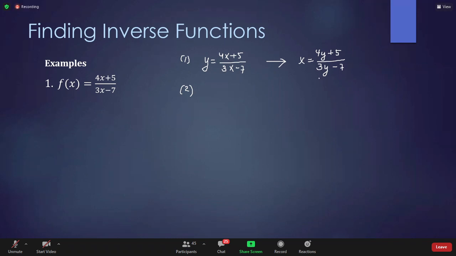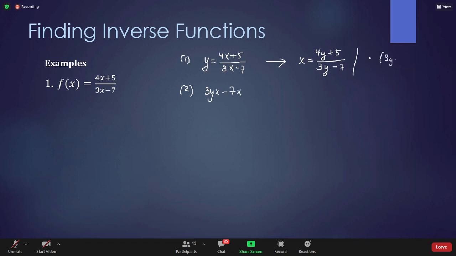We would like to write everything in one line, which basically means let's simply multiply both sides by 3y minus 7. And so we have 3yx minus 7x simply by multiplying both sides by 3y minus 7.